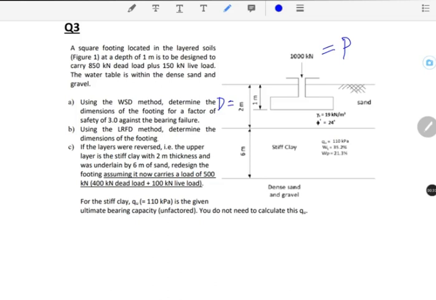In this 2-layered soil deposit design, we start with the check of the overlying soil.